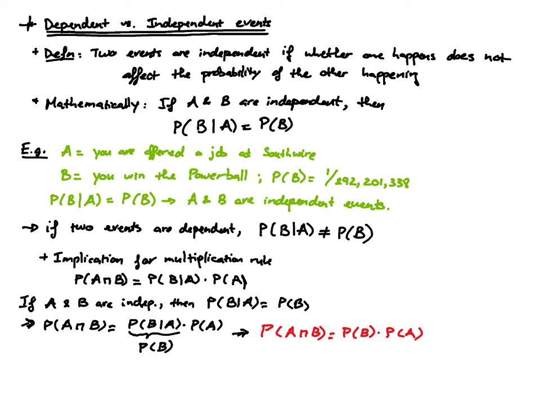This is known as the special rule of multiplication. And again, this special rule only applies if A and B are independent.